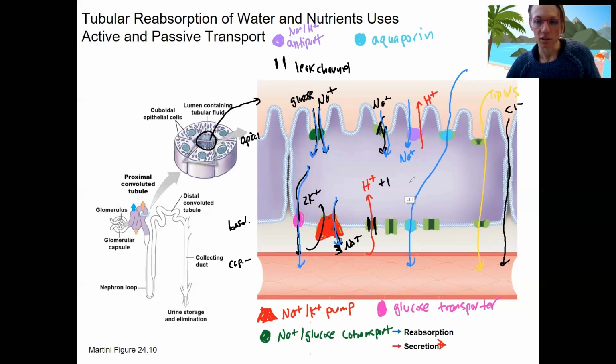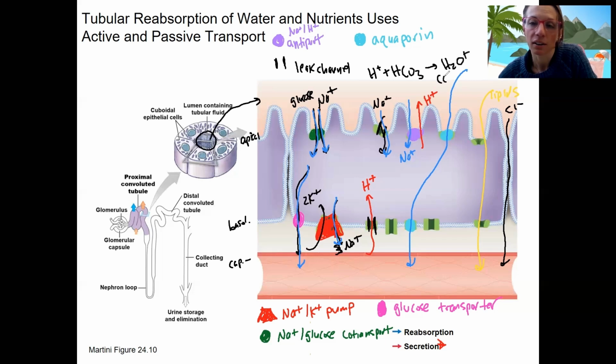That hydrogen ion, I already had it, it's going to flow out that way. For reclaiming bicarbonate, we are talking about what's in here, right? So I'm going to draw you this reaction, what's happening in the lumen. Should look familiar. We've got hydrogen ions, we've got bicarbonate. Those can form water and carbon dioxide.